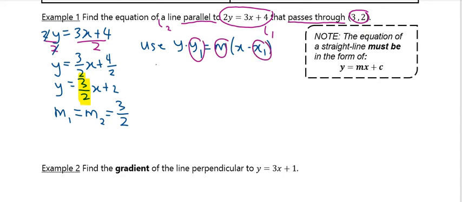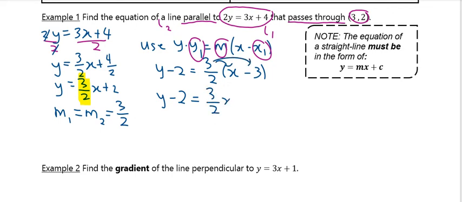So y minus what is the y coordinate? It's 2, equals m, which is 3/2, bracket x minus the x coordinate of the line 2, which is 3. Right, so let's continue this one and expand 3/2 x.